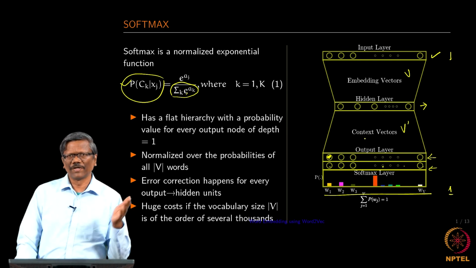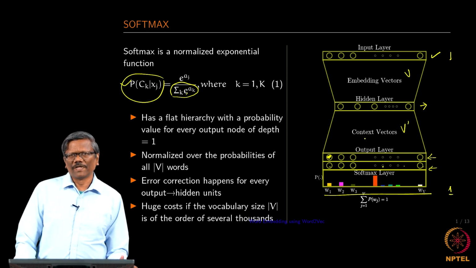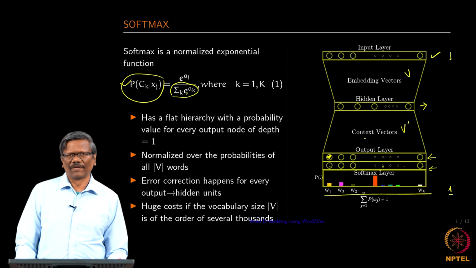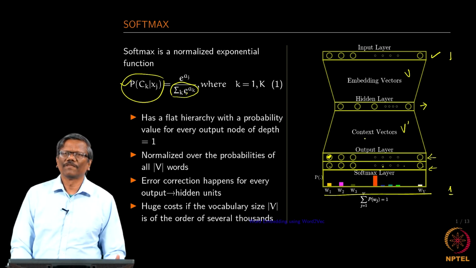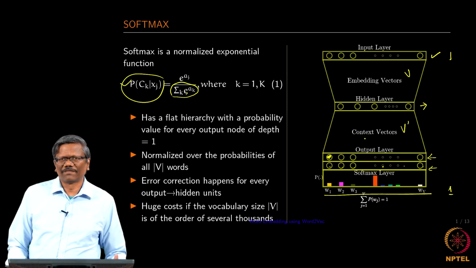That means, we are doing only for 0.1% to 0.05% or even lower, depending on what is the number of negative samples that we are looking at.